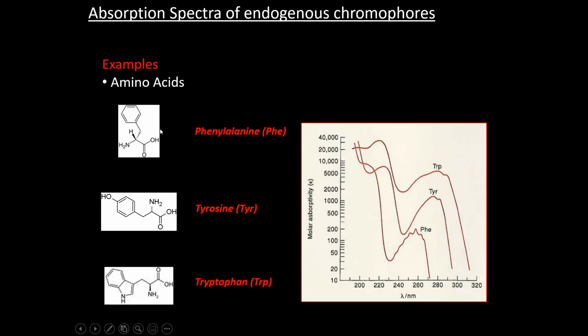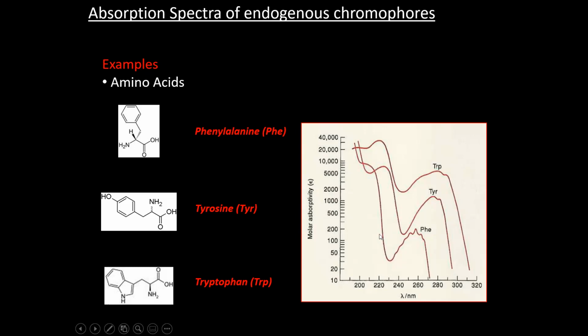The amino acids show typical absorption bands. You see here, this is the wavelength, this is molar absorptivity, the molar extinction coefficient epsilon that we described above. Here we are in a logarithmic scale, and you see that tryptophan absorbs in the ultraviolet at about 280, tyrosine at a bit smaller wavelength, phenylalanine at a smaller wavelength, and they have a typical shape.